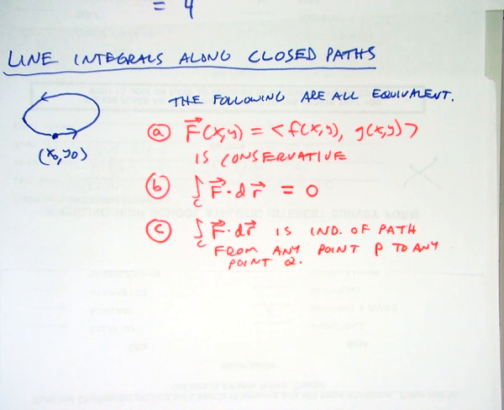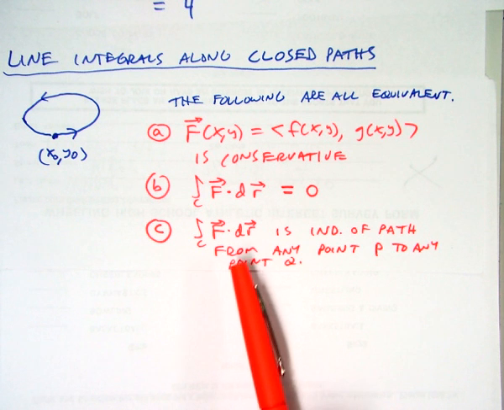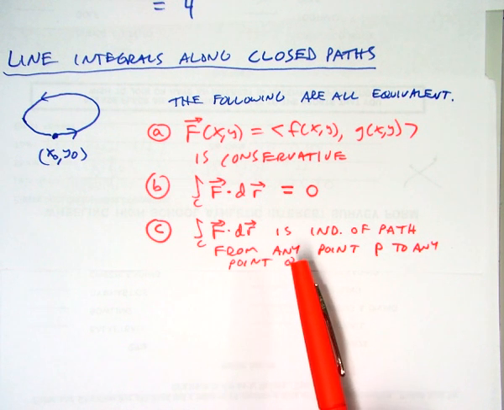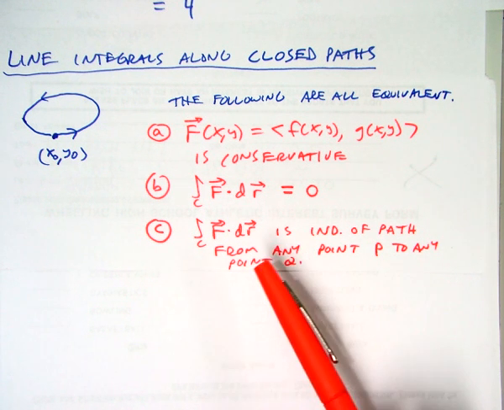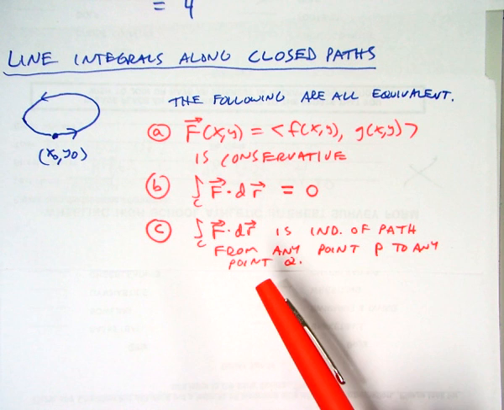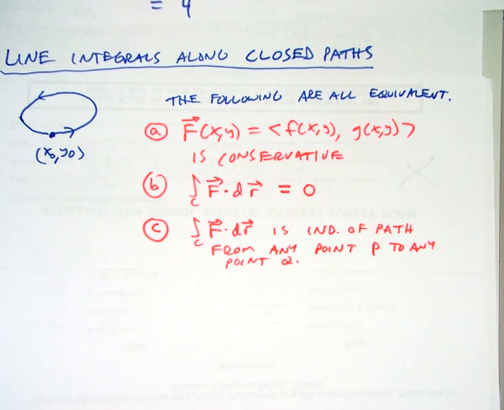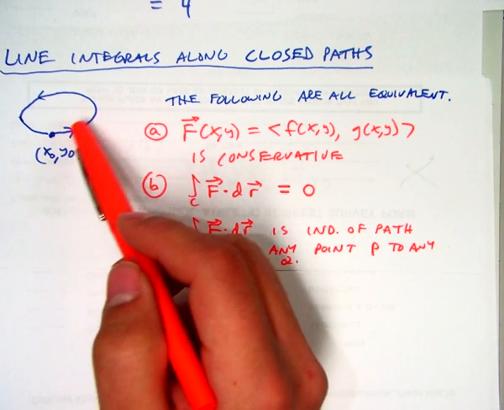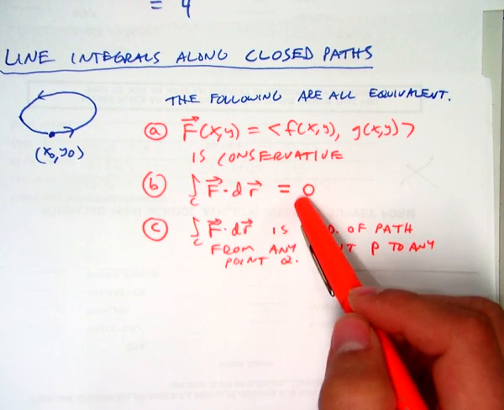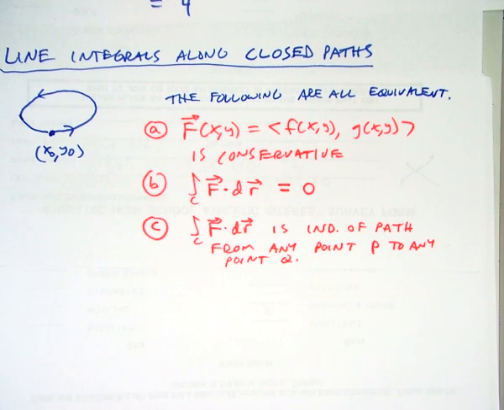In other words, if you've established somehow that you took the line integral of a vector field from one point to another, and you did 2 or 3 different paths, got the same answer, now we're thinking maybe it's a conservative vector field. If you find the line integral for a closed path, and you get 0, we know that it's a conservative vector field.